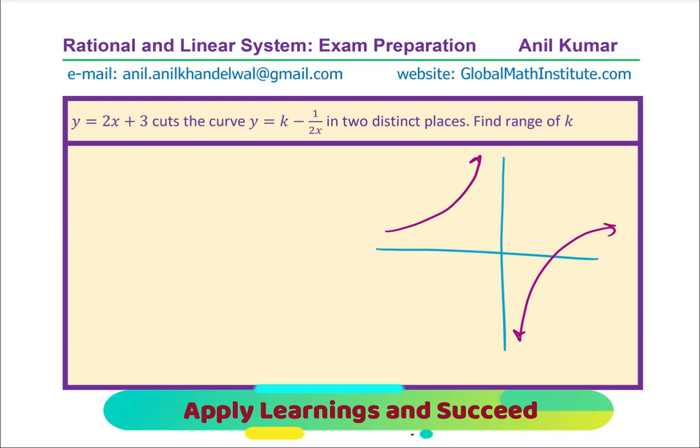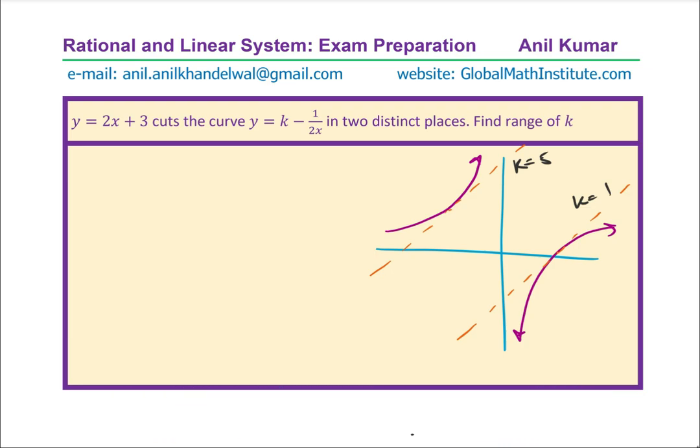So we are saying that these are the two situations in which case we get the k value as equal to 5 or equal to 1. So in this, for these k values, we have 0 or no point of intersection.